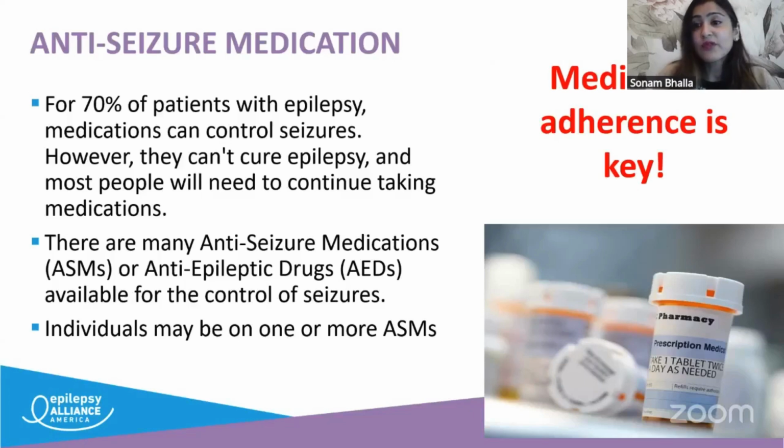And then it also depends on your ability to tolerate the medication. You may have some side effects: sleepiness, drowsiness, dizziness, and sometimes headaches. These are the more commonly seen side effects for the majority of seizure medications. That's where working closely with your healthcare provider to find the right fit for you is very important.